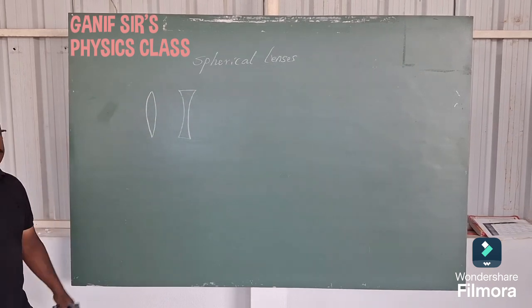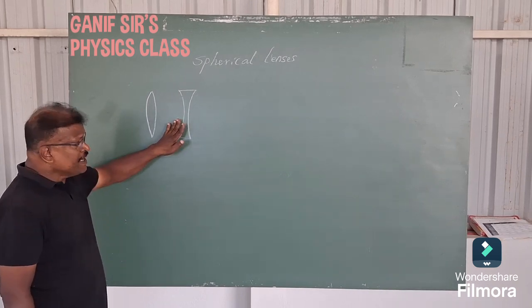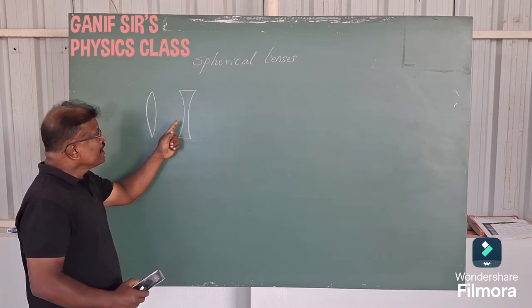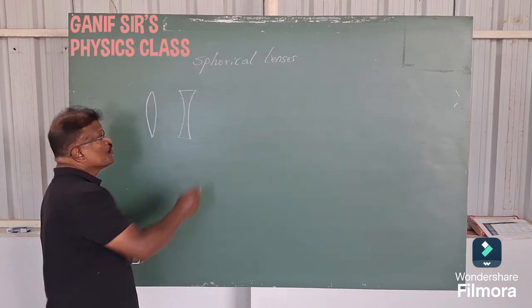A lens is any transparent medium. It should be bounded by at least one curved surface, which means it may have two curved surfaces also.